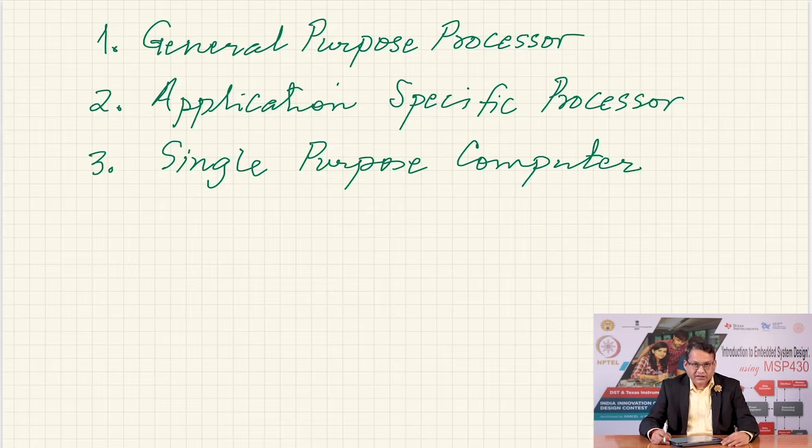I did not discuss what is the source of these three approaches, meaning that if you wanted to implement the embedded computer using a general purpose processor, where do you get a general purpose processor?